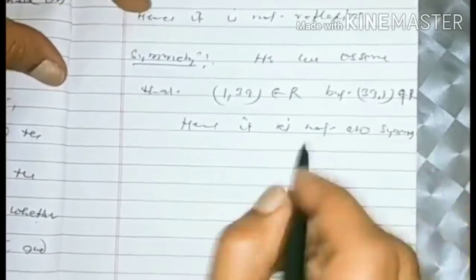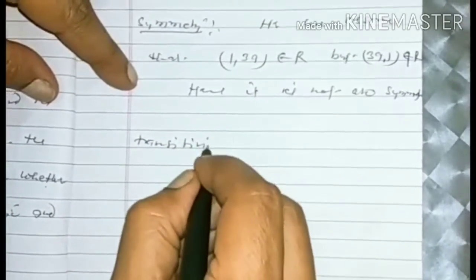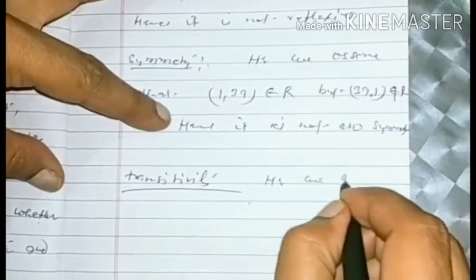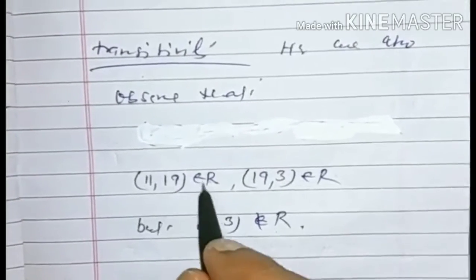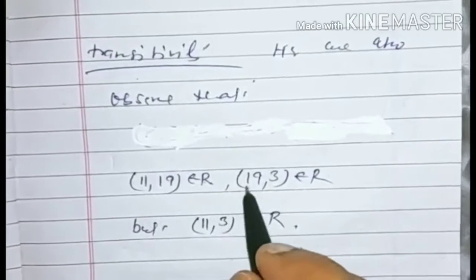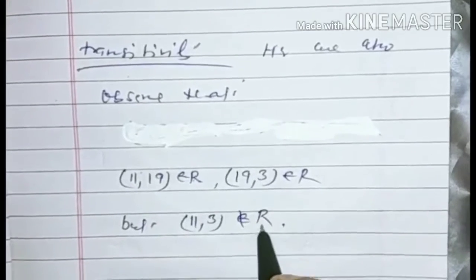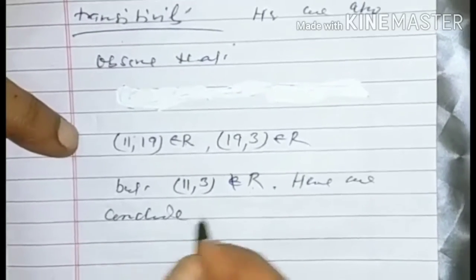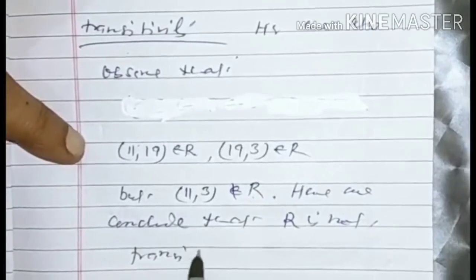Transitivity. Here we also observe that the ordered pair (11, 19) belongs to relation R, and (19, 3) also belongs to R, but (11, 3) does not belong to R. Hence, we conclude that R is not transitive.